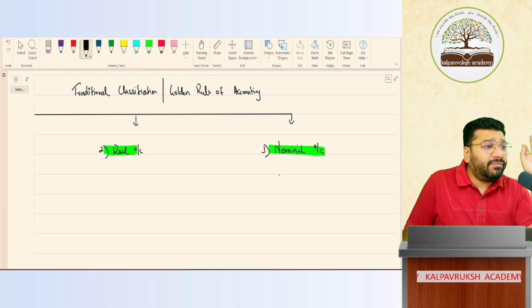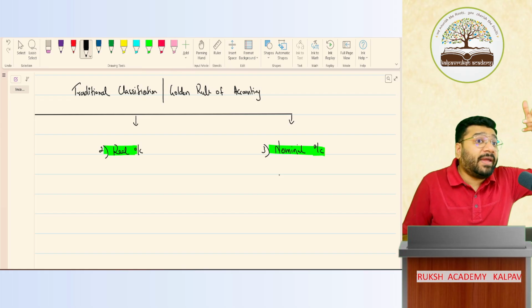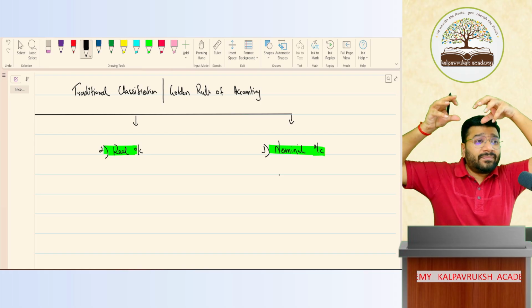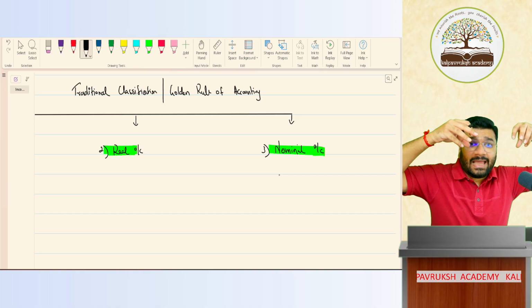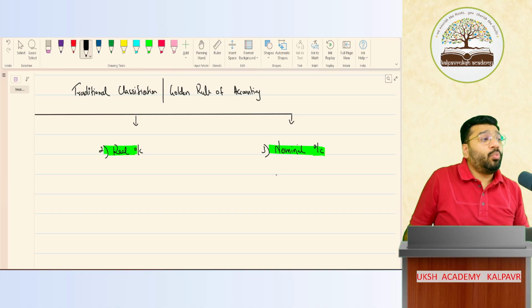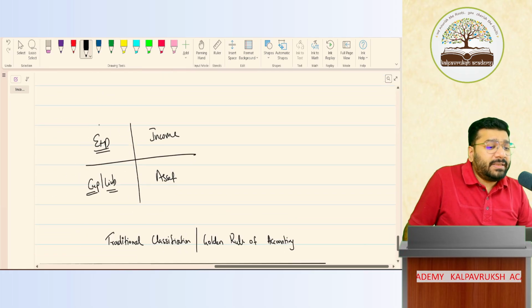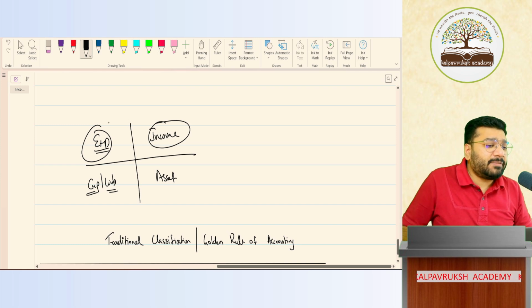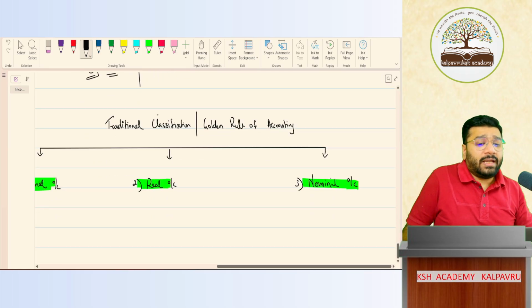Once you identify a BFT, in it you're supposed to identify accounts. The accounts should be classified as expense, income, asset, liability or capital. Yes or no? Once you identify an account as expense or income, you will take it to a house called nominal account.